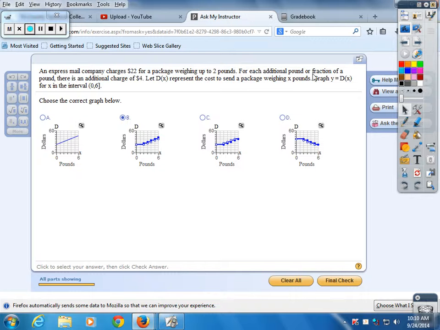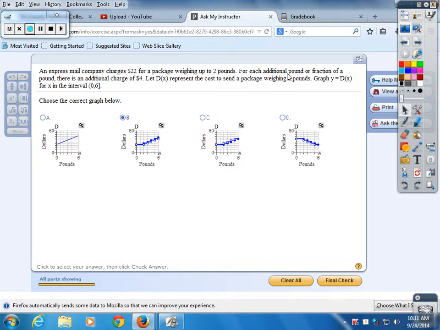For each additional pound or fraction of a pound, there is an additional charge of $4. Let D of x represent the cost to send a package weighing x pounds. Graph y is equal to D of x for x in the interval 0 to 6.